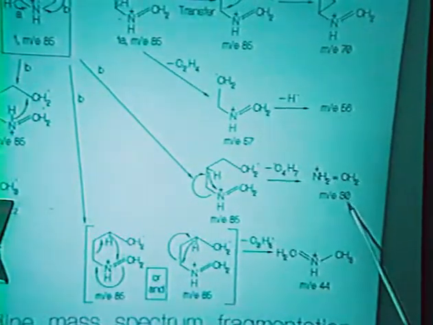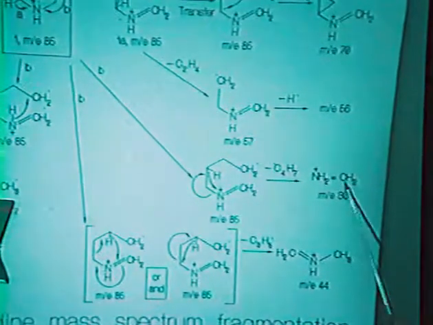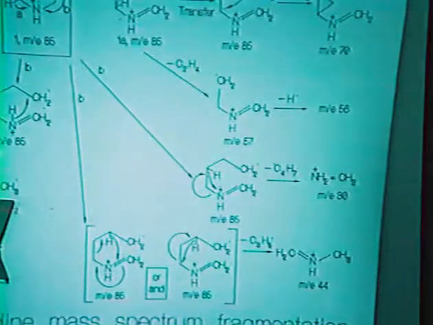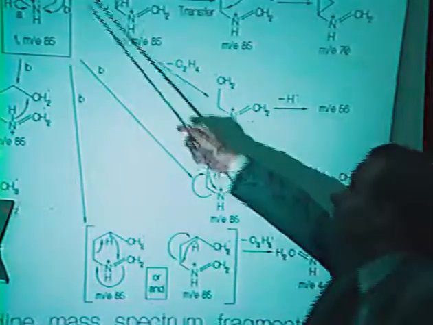We see that it's mostly 30. If the D2 had gone to one of these positions, we should have seen 31. We haven't seen that much, so it hasn't gone to those two positions. Now, what about gamma? So we follow this mechanism.